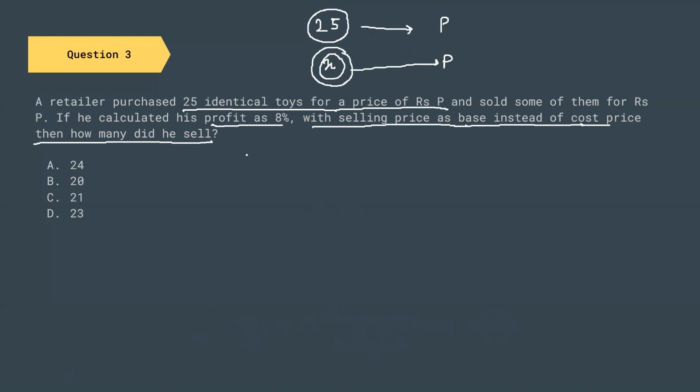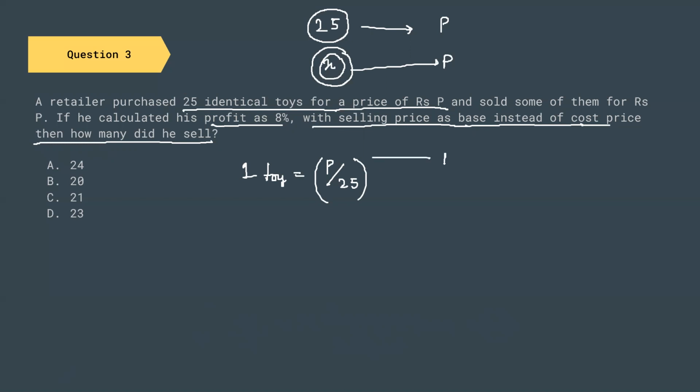Now let us think. If the cost of 25 identical toys is P rupees, then the cost of one toy is equal to P by 25 rupees. Cost of 25 identical toys is P, so cost of one toy is equal to P by 25.